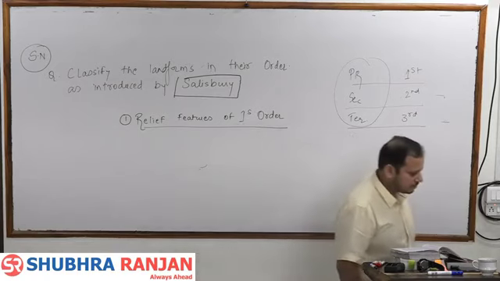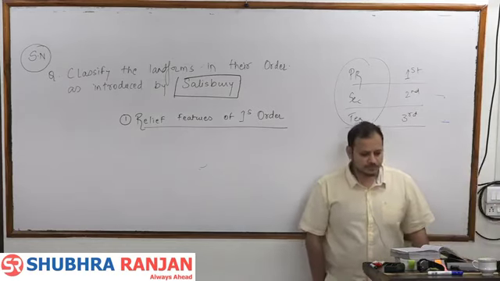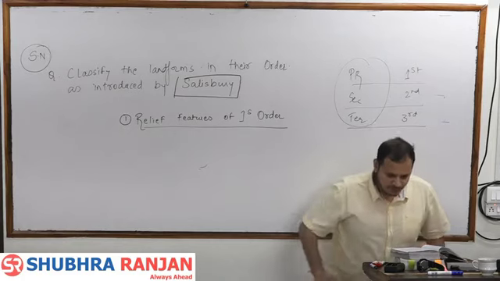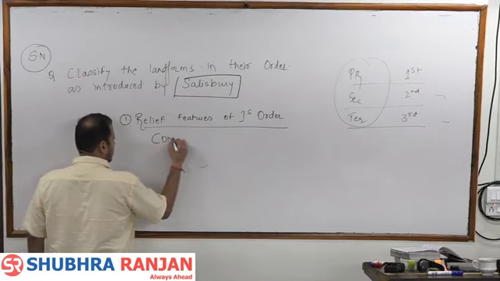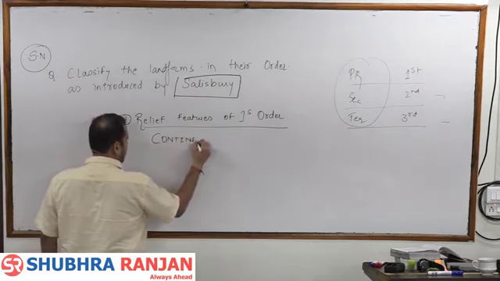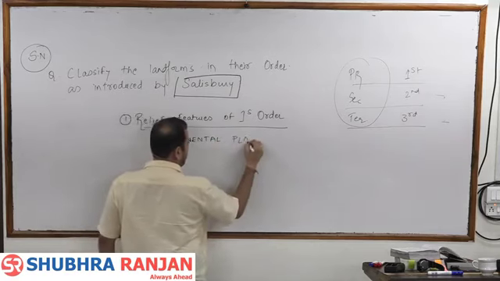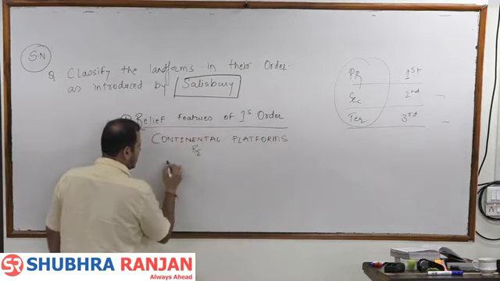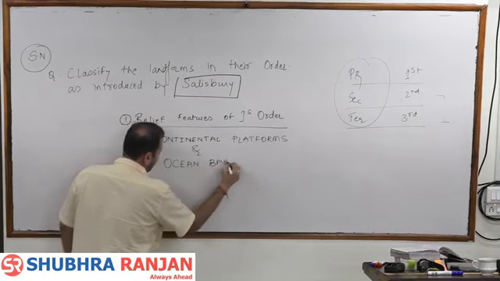This includes two major features: continental platforms and ocean basins.